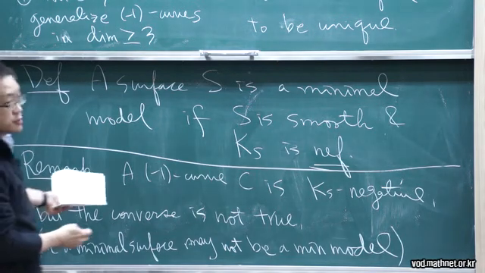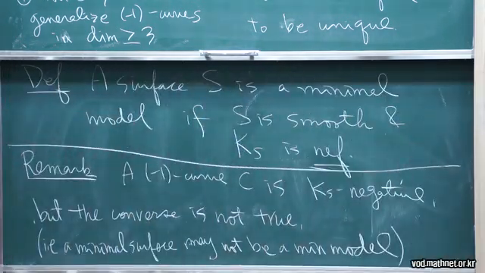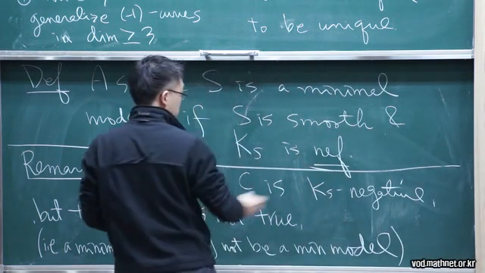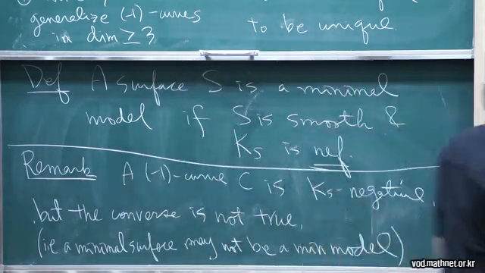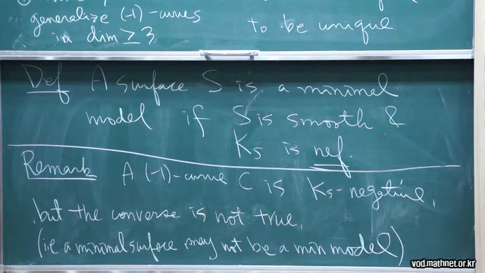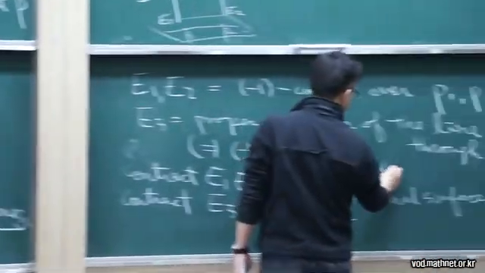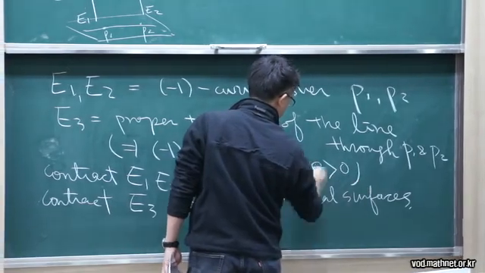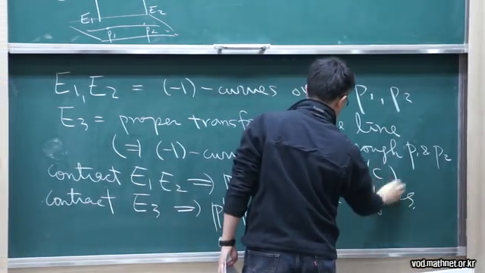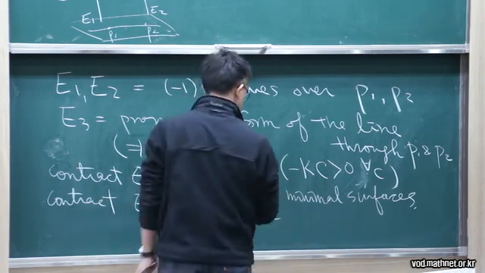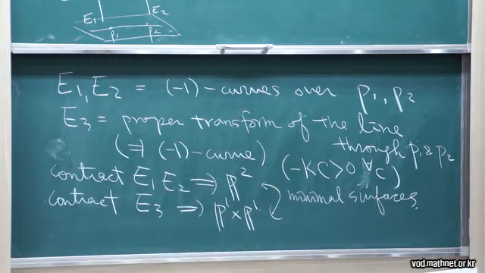Okay. Actually, we've seen the example here. These are minimal surfaces, but they are not minimal models. So in these examples, minus K is always ample. So with respect to any curve C, this will be positive. So K will never be nef.